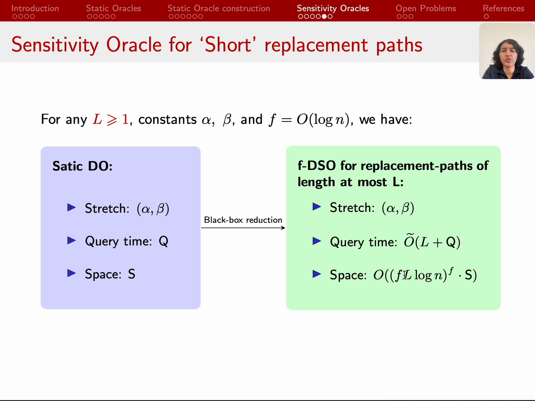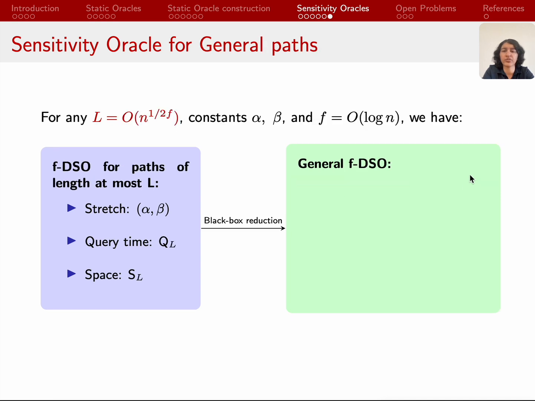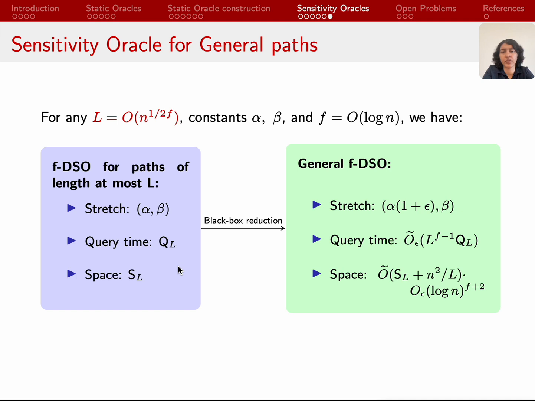Our second black box reduction converts this bounded length FDSO to a general FDSO. The constraint we have on the parameter L is that it should be bounded by n^(1/2f), and we show that if we have a bounded length FDSO with stretch (alpha, beta), query time q, and space s, then we can get an oracle which has stretch (alpha · (1 + epsilon), beta).